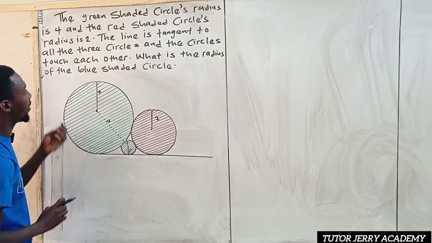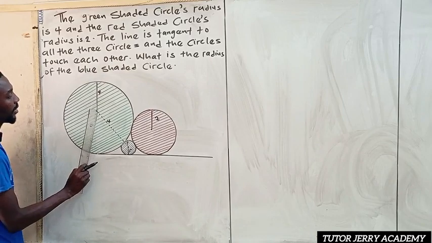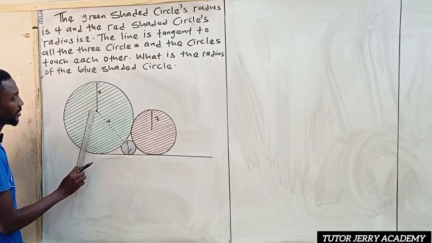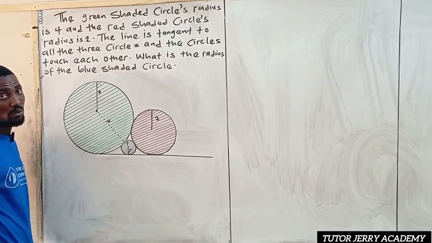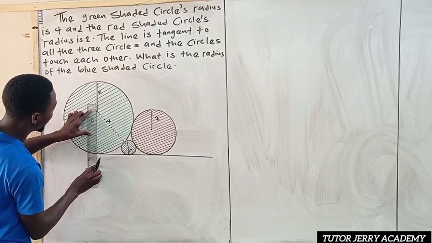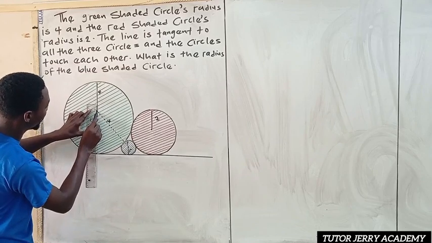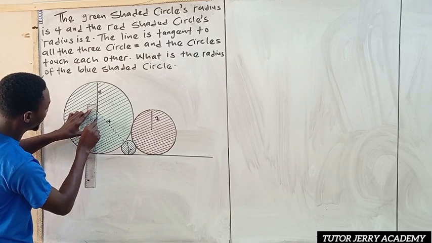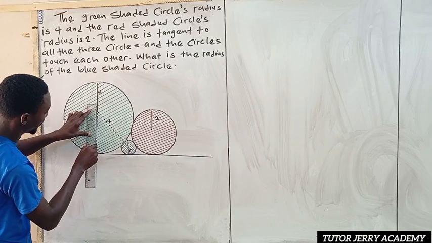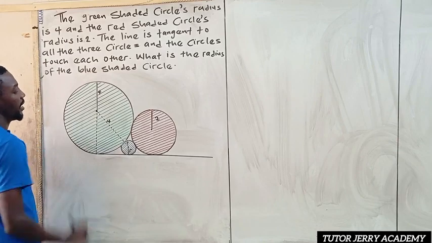R. If I decide to draw another radius here, from here to here is 4, and from here to here is 2, so this whole length here is 4.